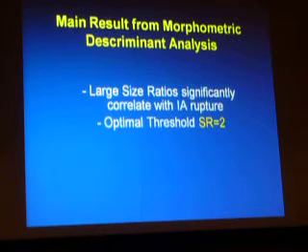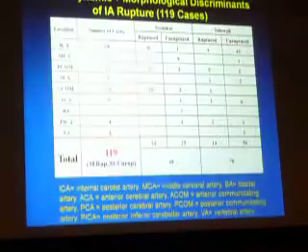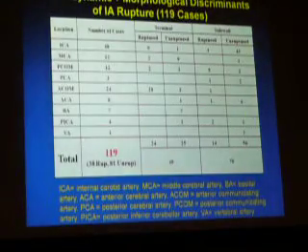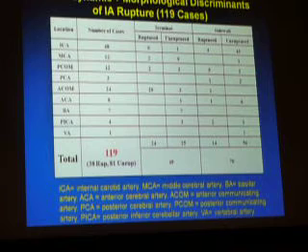In fact, we published a couple of papers based on 2D angiograms, just measuring the size ratio, aneurysm size versus the vessel size, and they're significant. The optimal threshold to separate the ruptured from unruptured is a size ratio equal to 2.